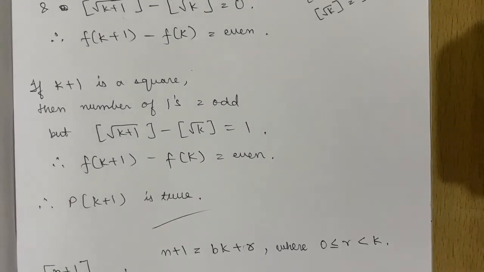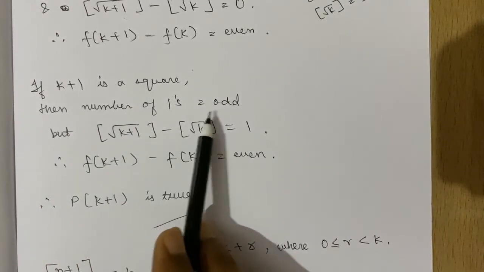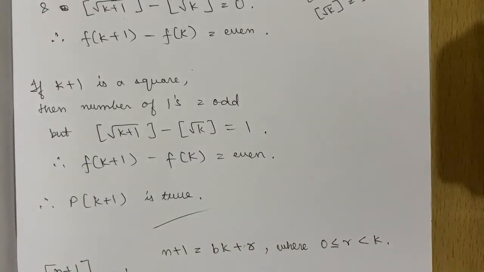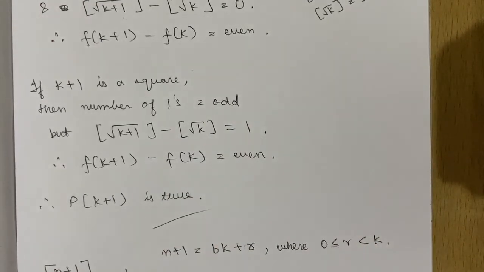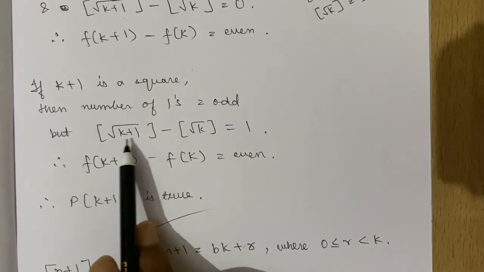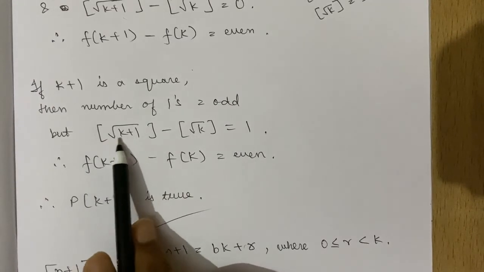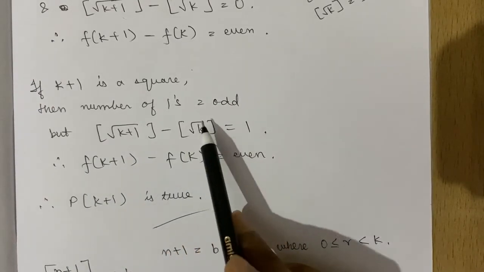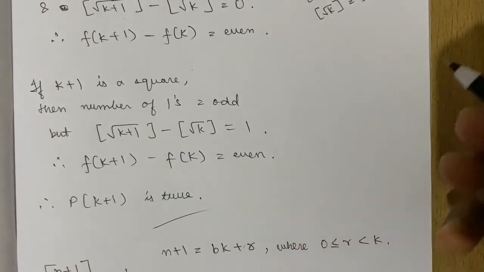And if k+1 is a square, then the number of ones is odd, because the number of divisors of a square number is odd. But then if k+1 is a perfect square, the greatest integer of root (k+1) minus the greatest integer of root k is equal to 1.